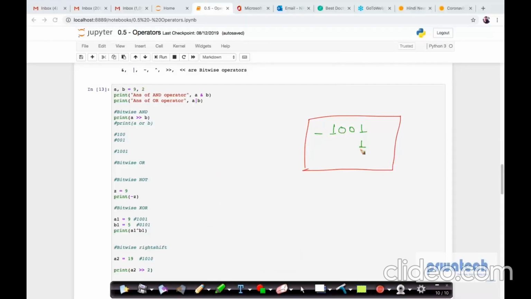Minus 1001 and 1 and 8. So what this NOT operator says is that this 1 and 1 is a note. And why I'm noting it, because the same thing here denotes something different.